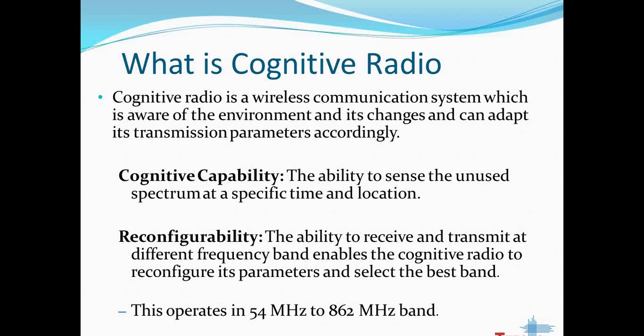The second point is reconfigurability, that is, receiving and transmitting on different frequency bands and accordingly reconfiguring its parameters to select the best band. Also, as per the IEEE 802.22 protocol, the operating frequency for cognitive radio should be within 54 MHz to 862 MHz, which is actually the TV band.